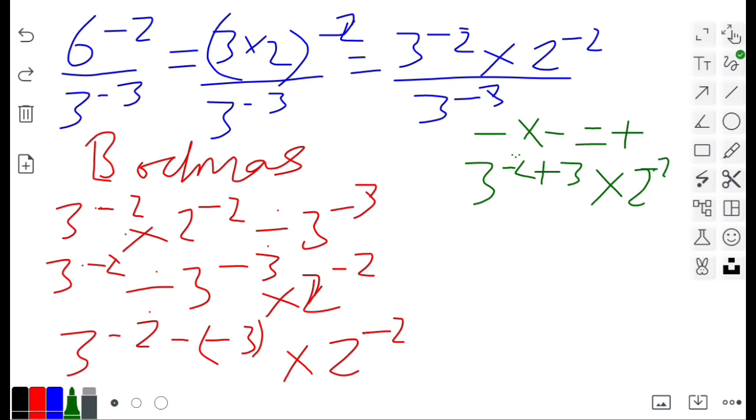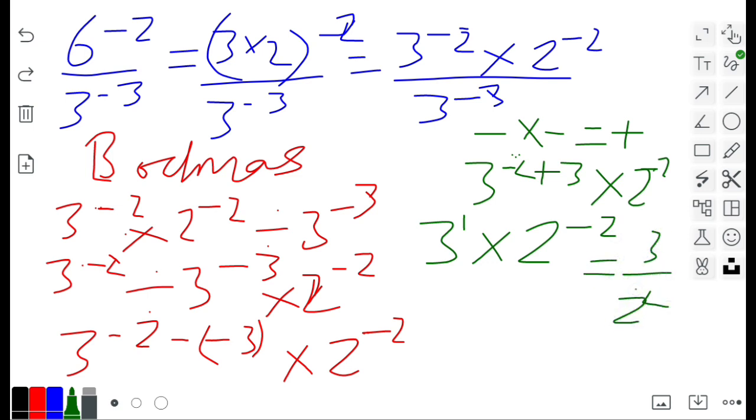So this will be 3 raised to minus 2 plus 3, which gives us 1, times 2 raised to the power of minus 2. And we can re-express this as 3 over 2 raised to the power of 2. And this will be equal to 3 over 4. 3 over 4 is going to be our final answer here, provided the examiner wants you to leave your answer this way. Let's take one more example.